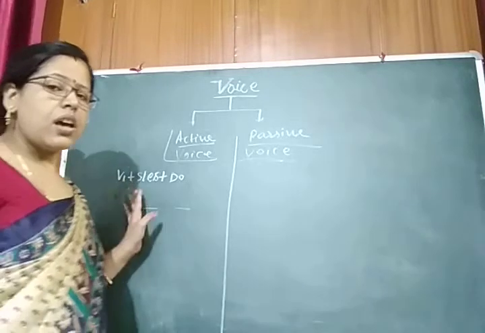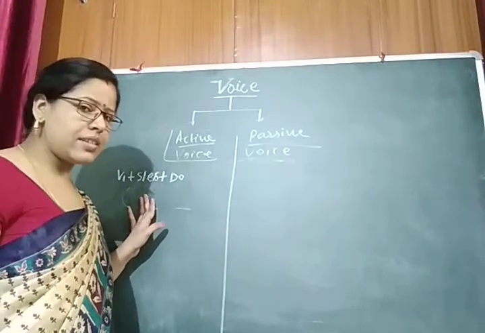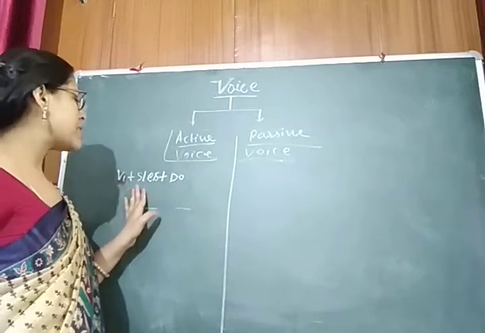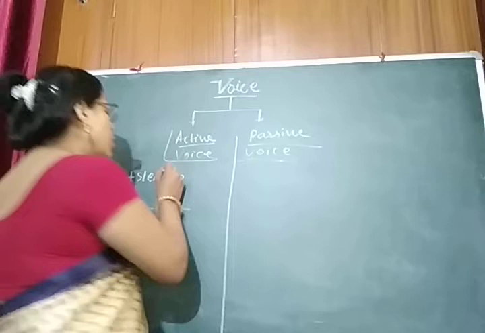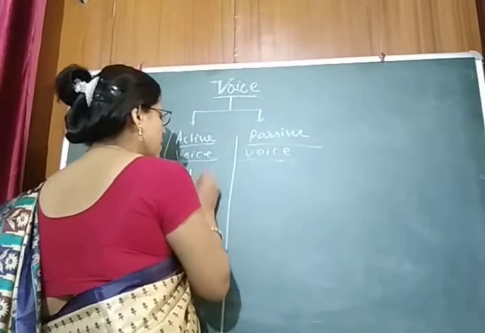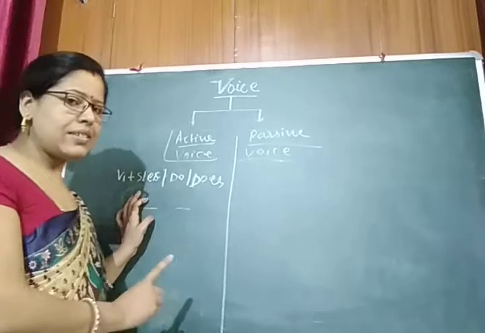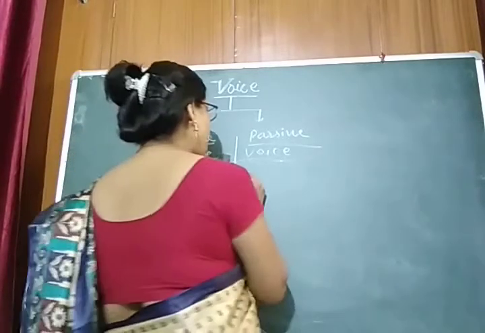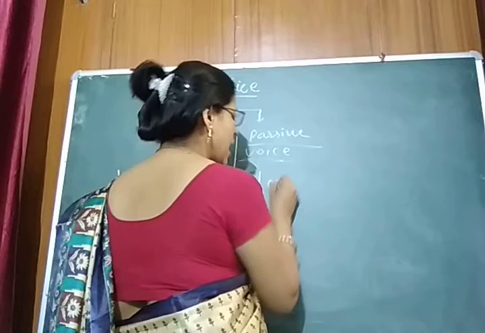That means if you see this structure in any sentence, either V1 plus s or es, or do, does, then it means you have to use helping verbs is, am, are.